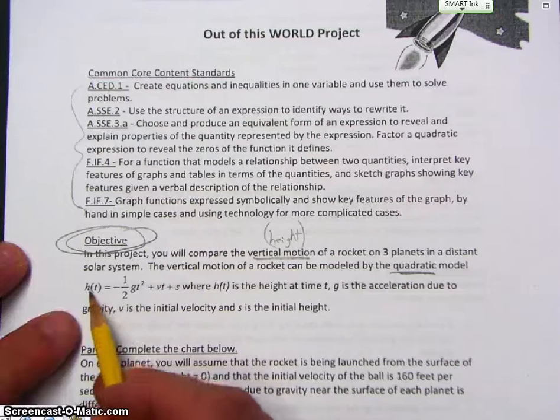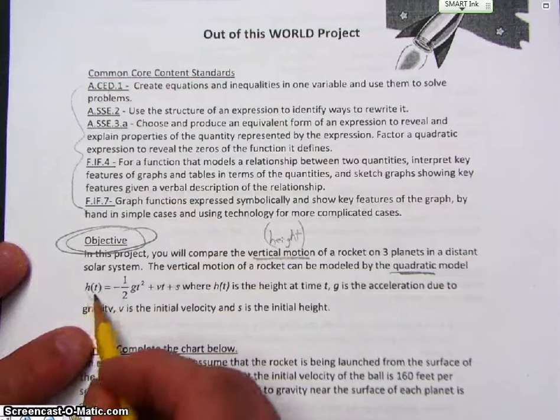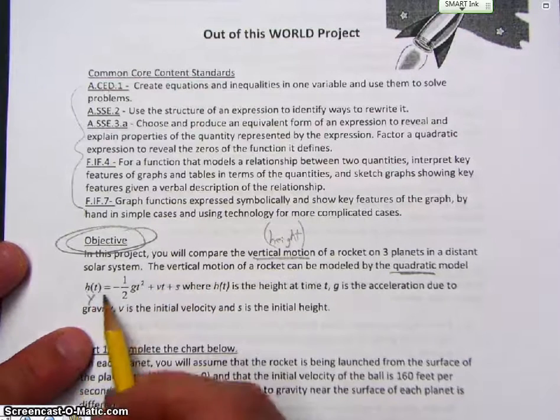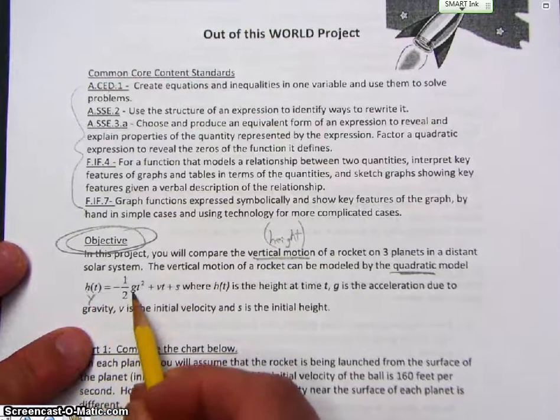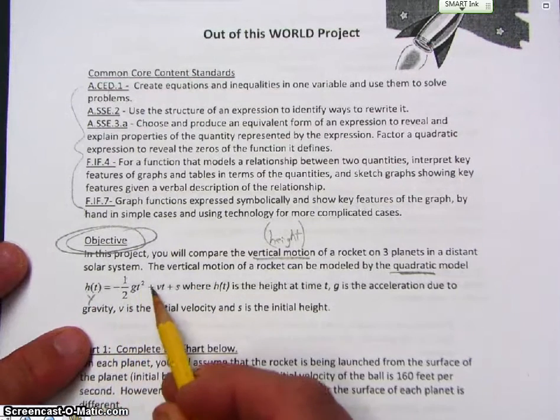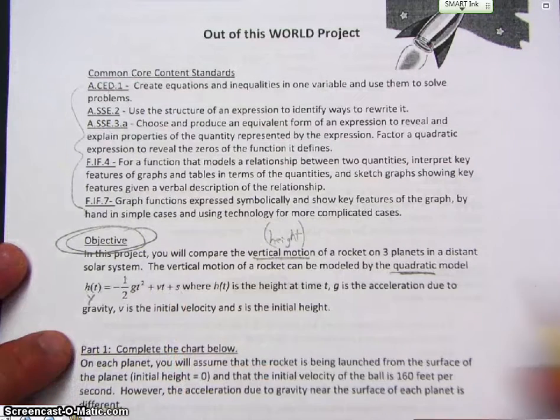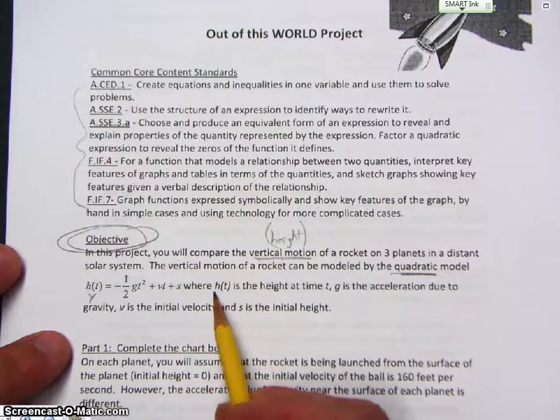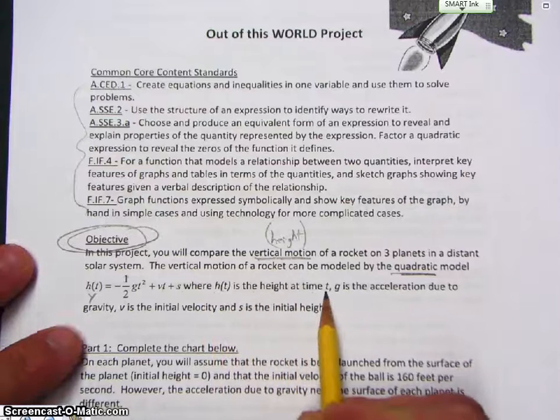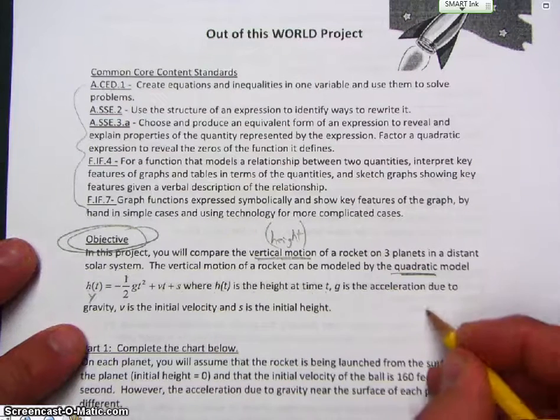H of t, remember that's the same thing as saying y, is equal to -1/2 times g times t squared plus v times t plus s. A lot of new variables here, all right? Where h of t is the height at time t, so t stands for time.